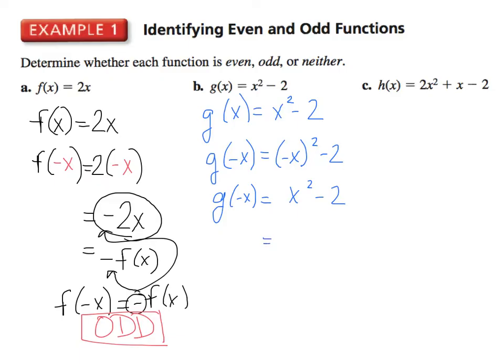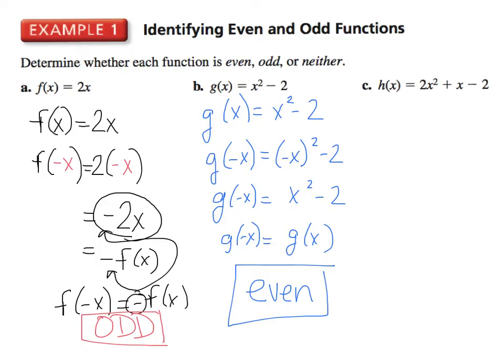Now you'll notice that means that g of negative x equals g of x, and the reason is because that's our original function. This right here is our original function, x squared minus 2, which is the same thing. So g of negative x equals our original function. That means that this function is even.